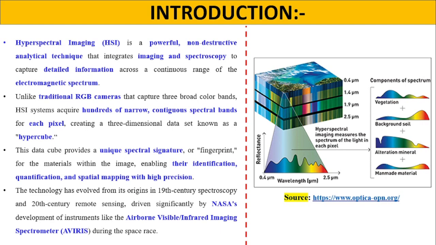Now, the most important difference between colorimetry and hyperspectral imaging is that in colorimetry, we are only concerned with measuring the parameters L star, A star, and B star, that is the CIE LAB parameters. But in hyperspectral imaging, the wonderful thing is that whenever it captures an image, it analyzes the image pixel by pixel.